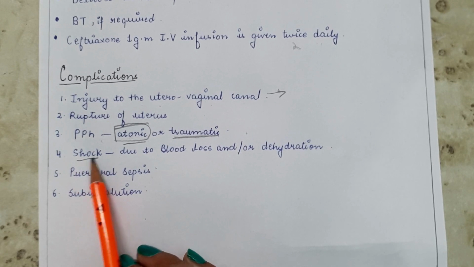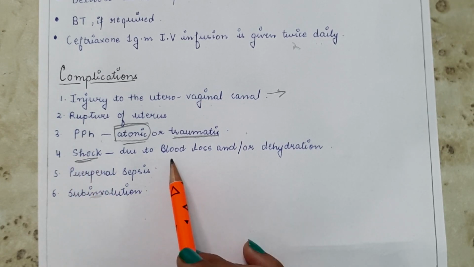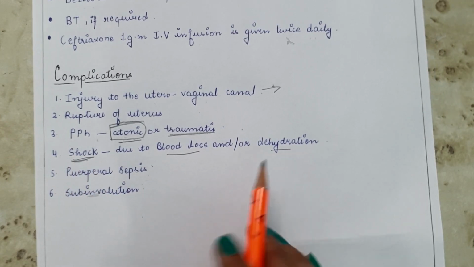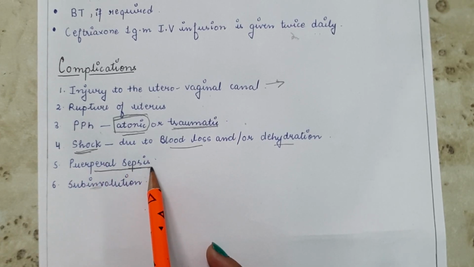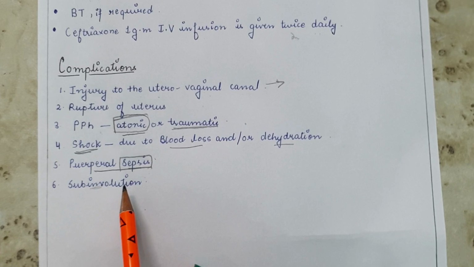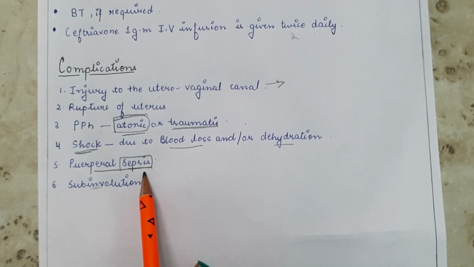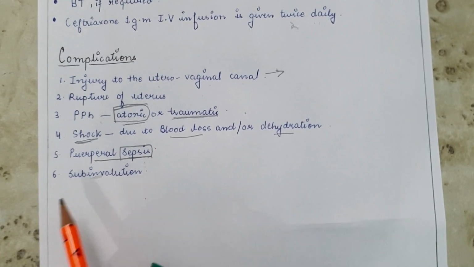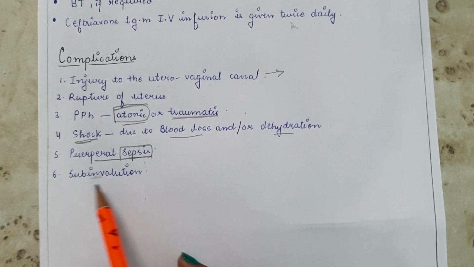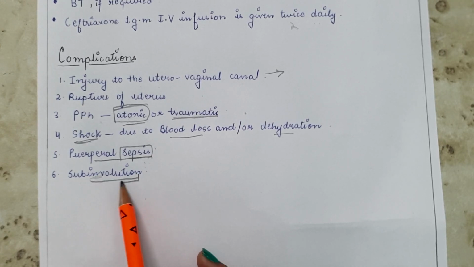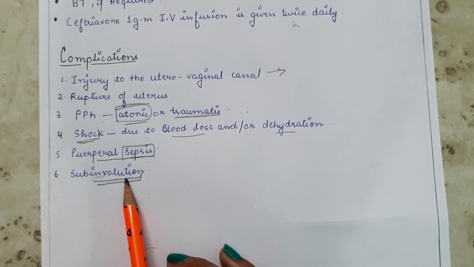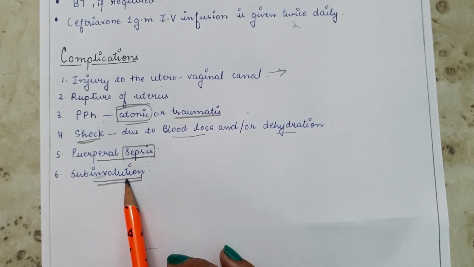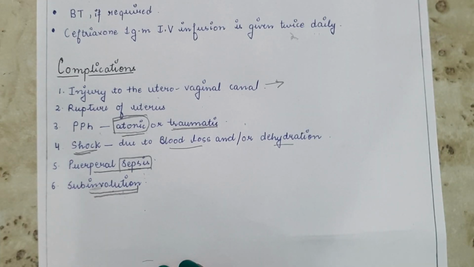Next, there are the chances of shock due to blood loss or dehydration, plus peripheral sepsis or infection. So while performing these kinds of operations, there are chances of infection also. Next is subinvolution, when the uterus is unable to revert back to its normal size. And it might also occur due to retained products of conception. That's all about destructive operations.